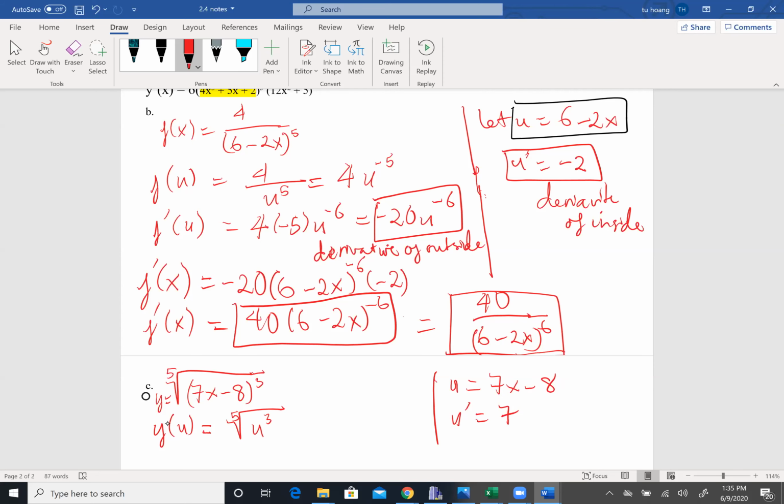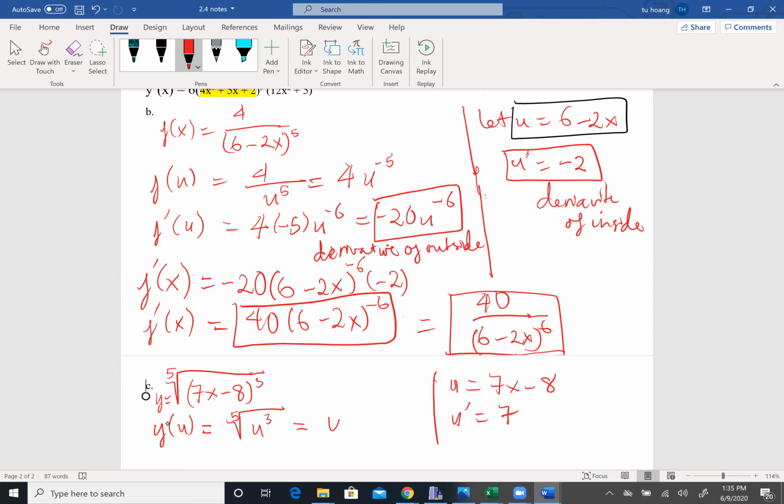If you see it like this, it looks like a crazy function, so you want to think about changing it to a power function. As you learned in algebra, the index of the root will be the denominator of the power.